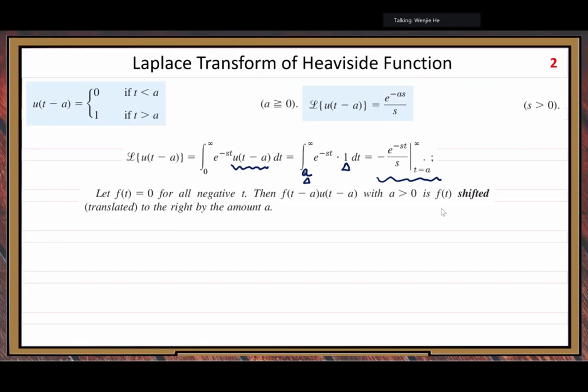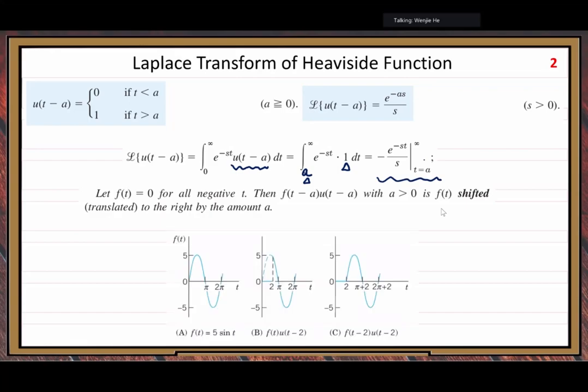So let's use a graph to understand. The first graph, A, is the graph of the original little f function, 5 times sine of t. Peak 5. One period here, shaped like this.